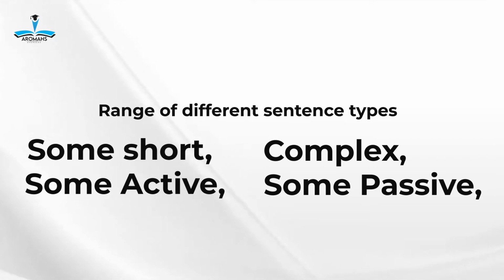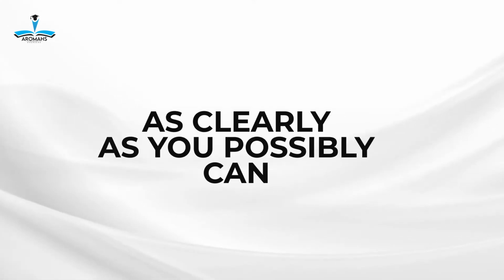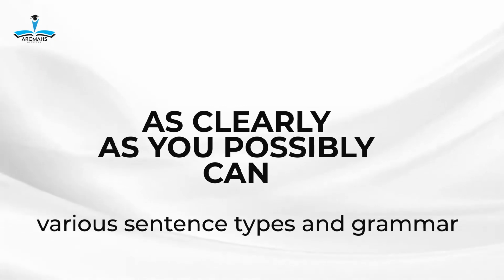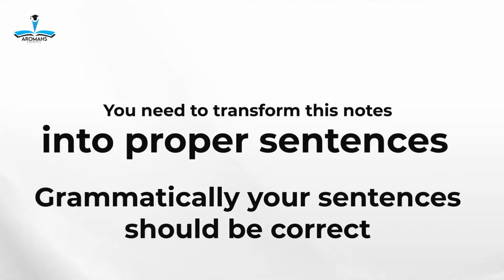But remember that the aim is not to include various sentence types, but to communicate information as clearly as you possibly can. That will require you to use various sentence types and grammar. You need to transform these notes into proper sentences. If your grammar is incomprehensible, then it will definitely affect your marks. So, grammatically, your sentences should be correct.